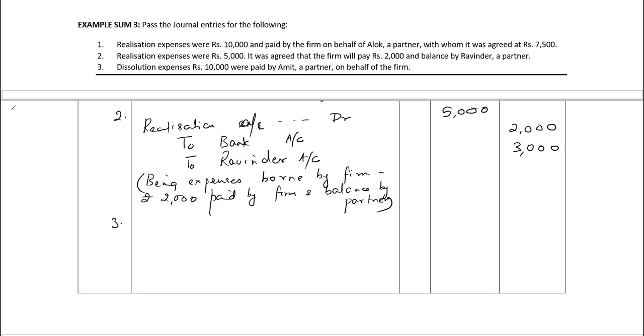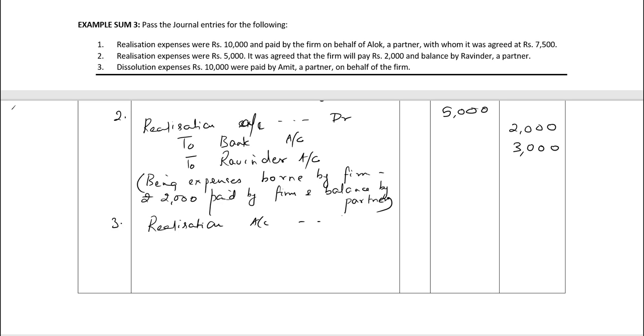Final entry, third question. Dissolution expenses of rupees 10,000 were paid by Amit, a partner, on behalf of the firm. So borne by firm, paid by Amit. Realization account debit to Amit capital account. Amount 10,000 rupees.